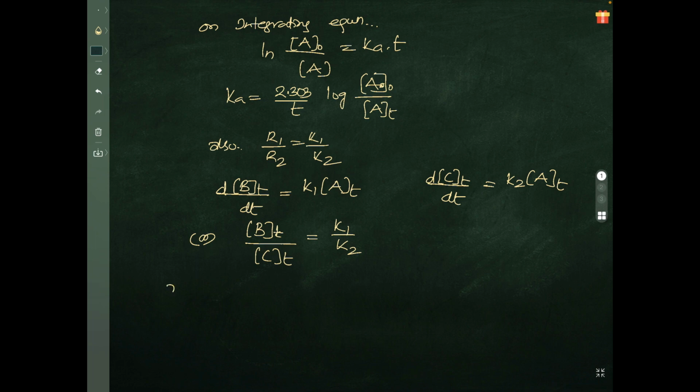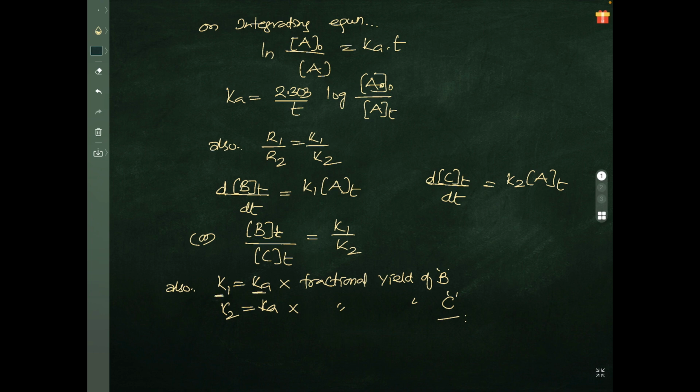So you can say K1 is equal to Ka into the fractional yield of B. K2 is equal to Ka into the fractional yield of C. In this way you can find even fractional yields also.